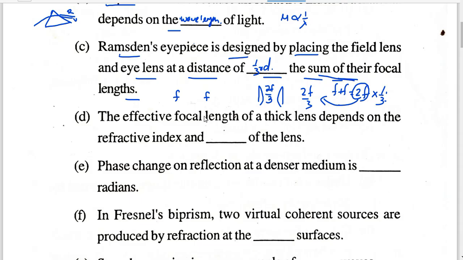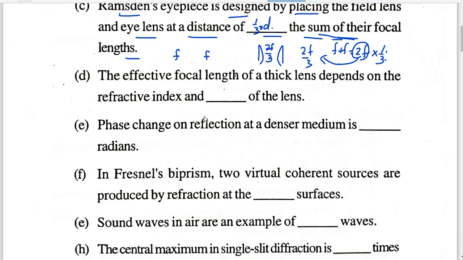Next question. The effective focal length of a thick lens depends on the refractive index and dash of the lens. So what is the effective focal length formula for a thick lens? Remember, I am writing the formula: 1 by f is equal to (mu minus 1) whole into (1 by r1 minus 1 by r2 plus t by r1 r2 into (mu minus 1) divided by mu).